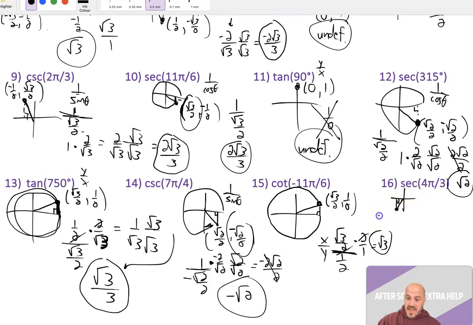I'm in my third quadrant, so negative a half. The long side is the y value, so I have negative root 3 over 2, again in that third quadrant. And secant is 1 over the cosine, or 1 over the x value. So all I really care about is grabbing my x value. So it's really 1 over a negative a half. Well, let's multiply by a reciprocal, and I get negative 2 for my final answer there.